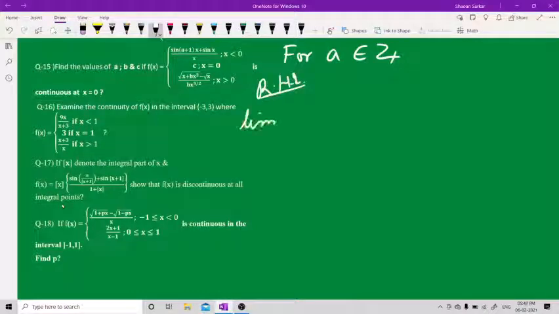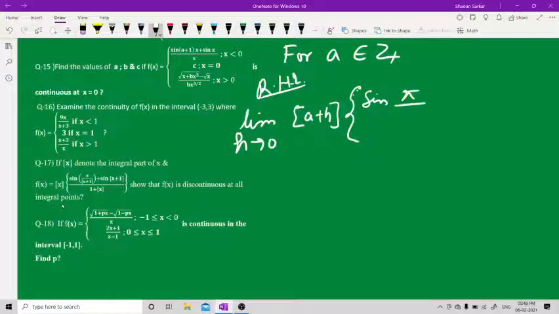Limit, I can write directly h tending to 0, a plus h, then whatever value is here, sine pi upon greatest integer function a plus h plus 1. Let us put the bracket here like this.